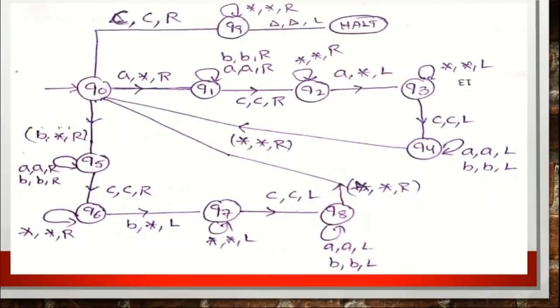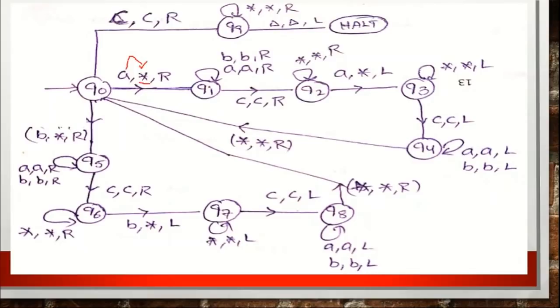So this is the initial state. Q0 is the initial state. From the initial state, our considered input string is A. So when the read input is A, then convert it to star, and the direction is right side. We should move to the right side.